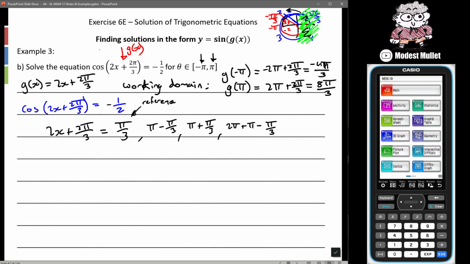So that was all the positive quadrants. What about the negative quadrants? Well, that would also be back around to negative pi, but then plus pi on 3 would work. And then we would also have negative pi minus pi on 3. And that's it. That's everything. And then we're just going to ignore our actual reference one from the first quadrant because that doesn't count. So they're all the ones that could work.